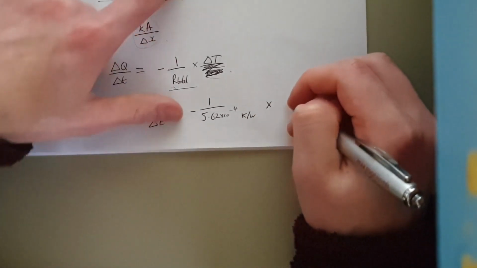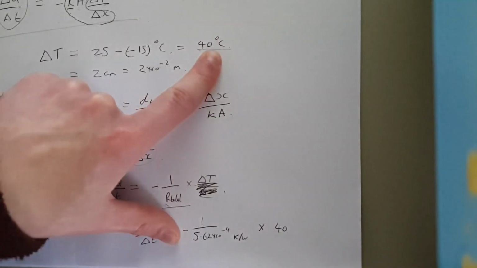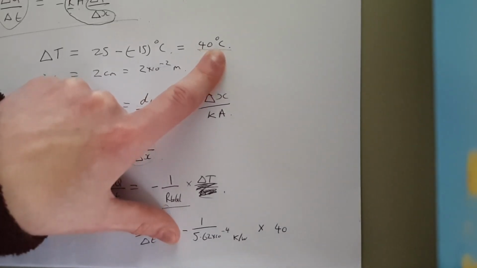times 40. And degrees Celsius and degrees Kelvin are the same thing, just offset from one another. If you increase something by 1 Kelvin, that's the same as increasing it by 1 degree C. The only difference is Kelvin starts at 0, and degrees C starts at minus 273.